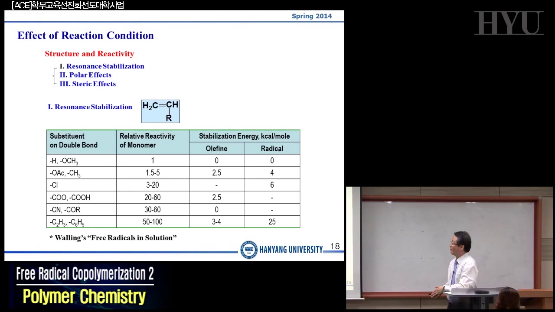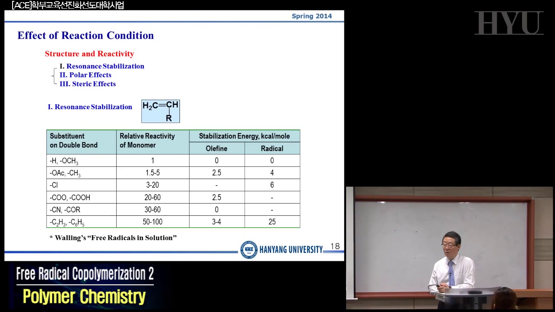Well, before we go into more detail about the monomer reactivity ratio, we should know about the radical reactivity ratio as well. That's why I have given you a homework that please derive some equation about the radical reactivity ratio, because you know the monomer reactivity ratio definitions.